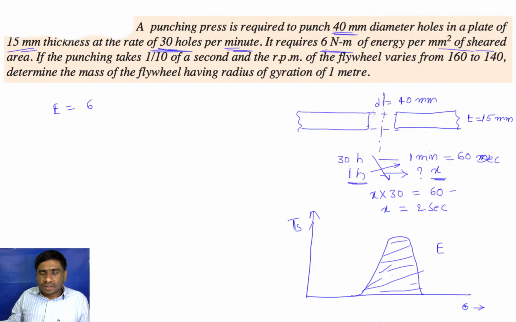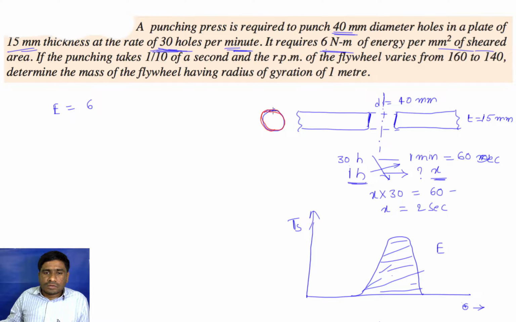And what is the sheared area? If you see this one from the top view, this is the diameter of the punch, and this is the shear area, and that shear area is around the punch, all along the punch.